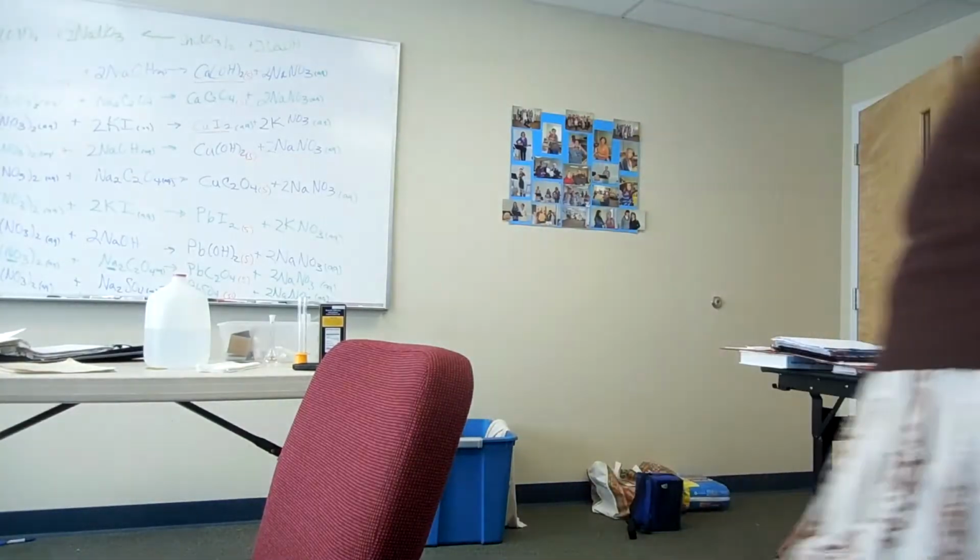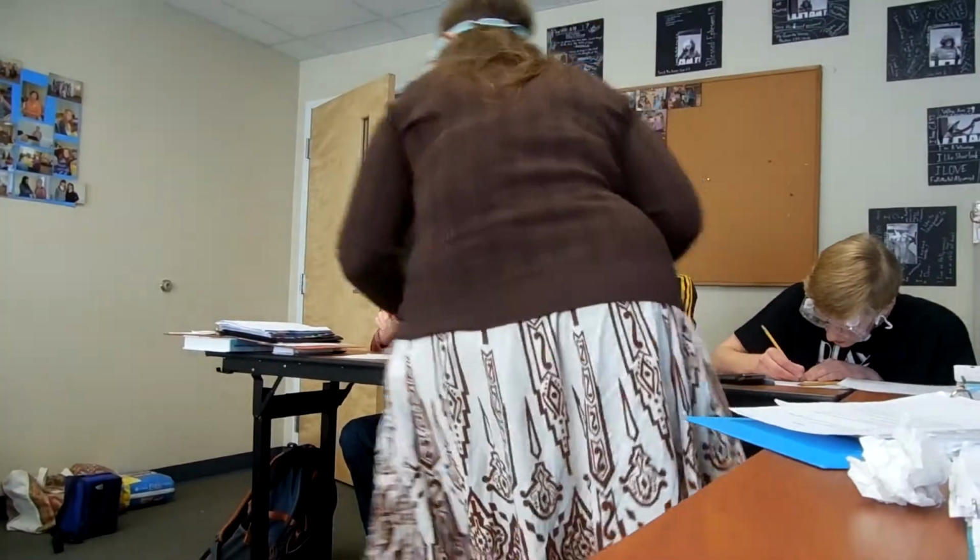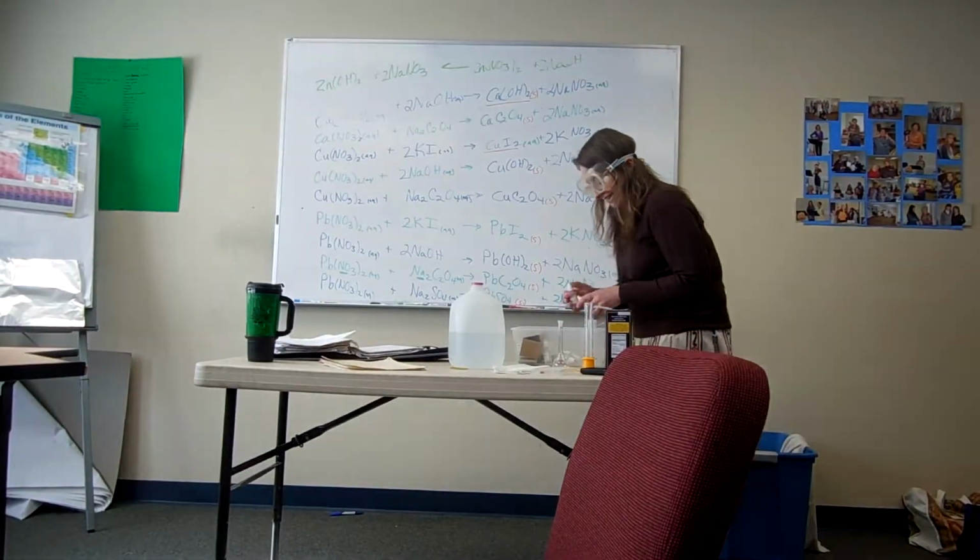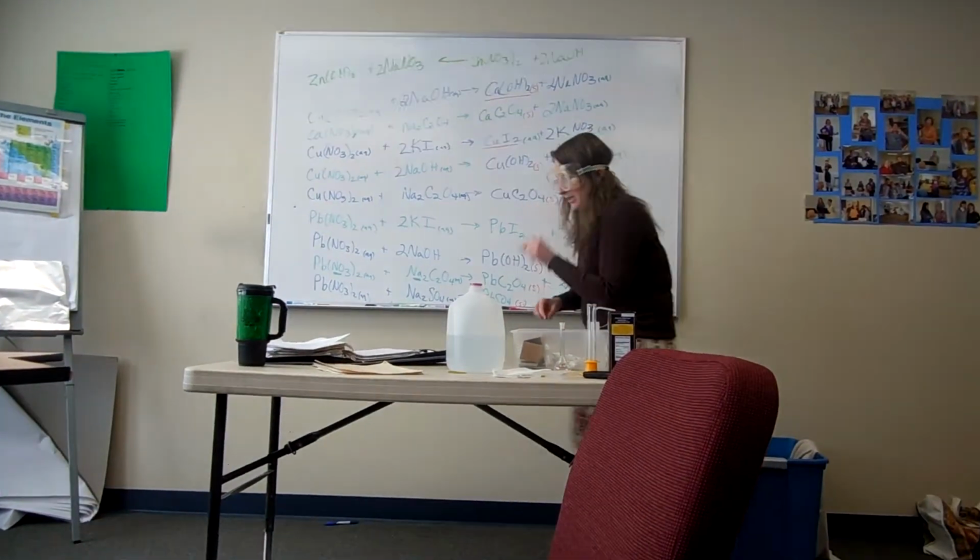It doesn't look cloudy compared to the really white ones, but if you compare this clear one to that cloudy one, it's cloudier. With just experience in the lab, you start to see, oh, that's cloudy. No, it isn't. Yes, it is. A little bit cloudy.